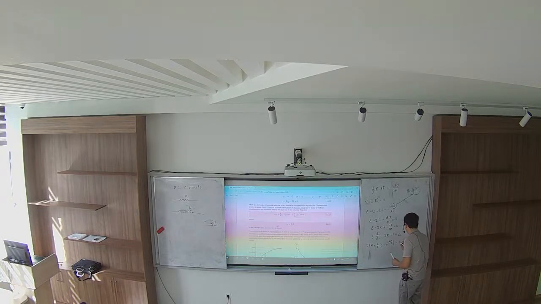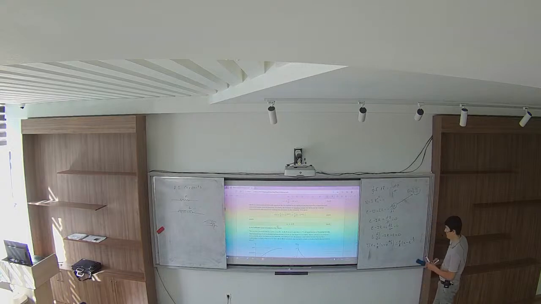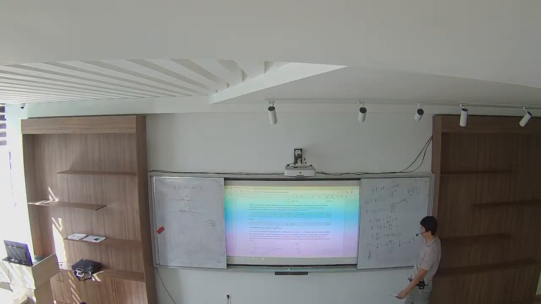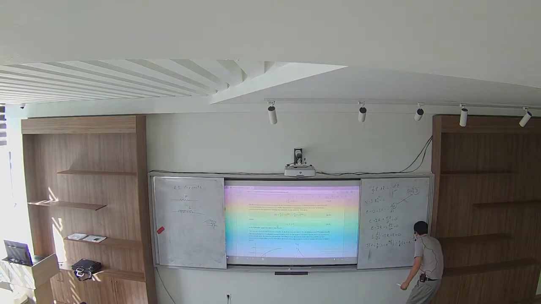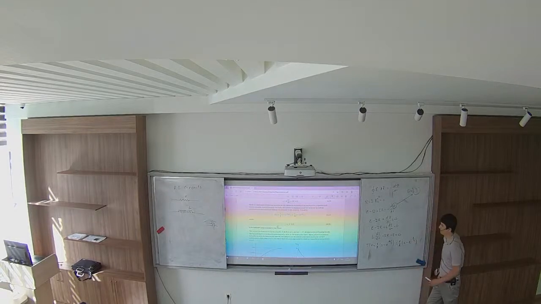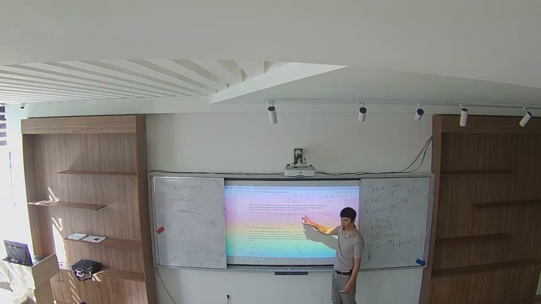Or here is I(t) equals E over R times 1 minus e to the power of minus t divided by tau. So I think here is a mistake, because tau is indexed by L, so it's not the self-inductance.